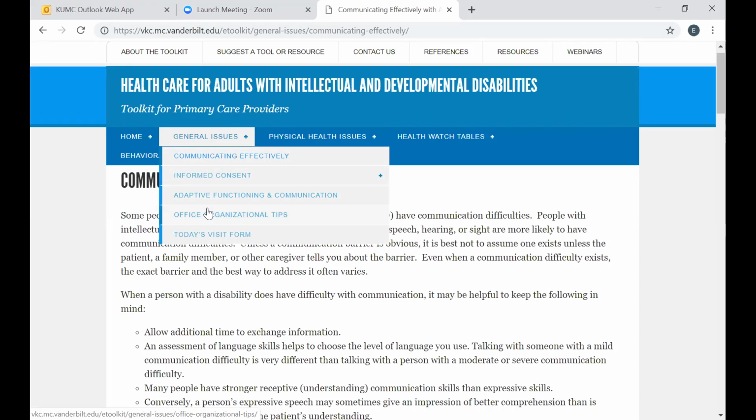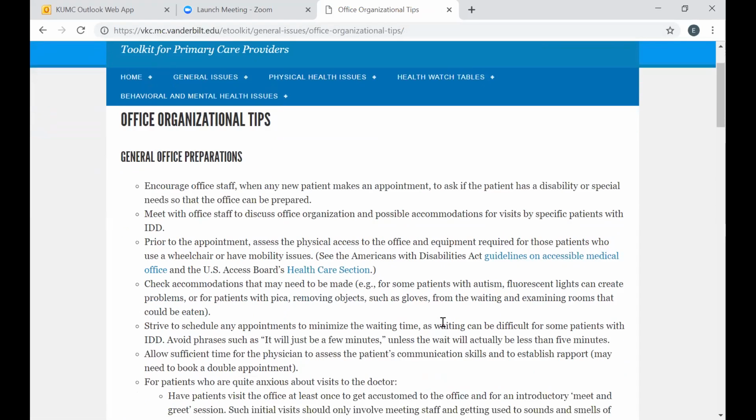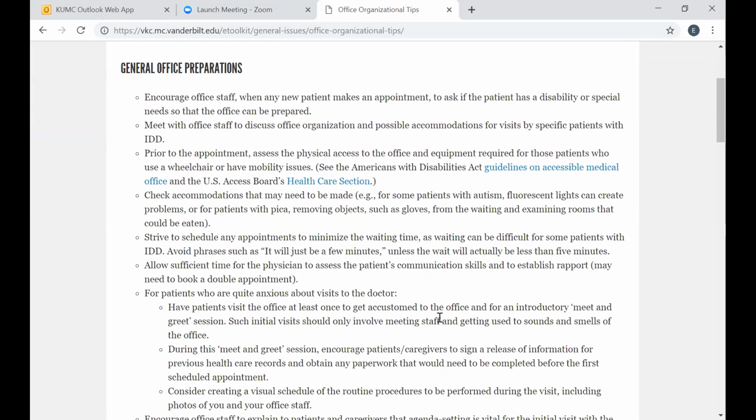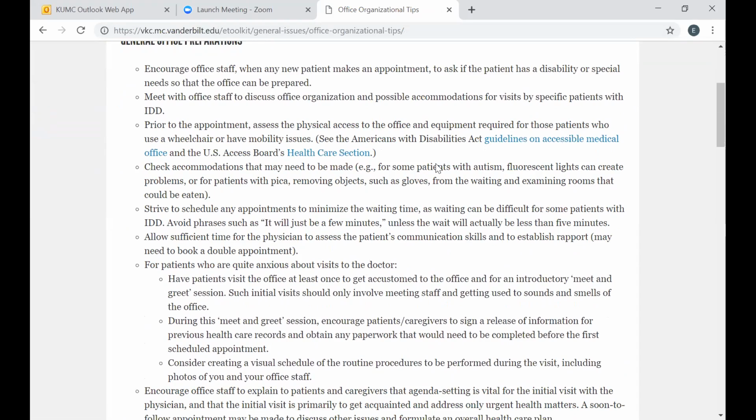The other thing I was going to show: if you are wanting to make sure that your office is supportive of an individual with intellectual and developmental disabilities, there are some office organizational tips on here, like how to have your office staff ask patients if they have a need.